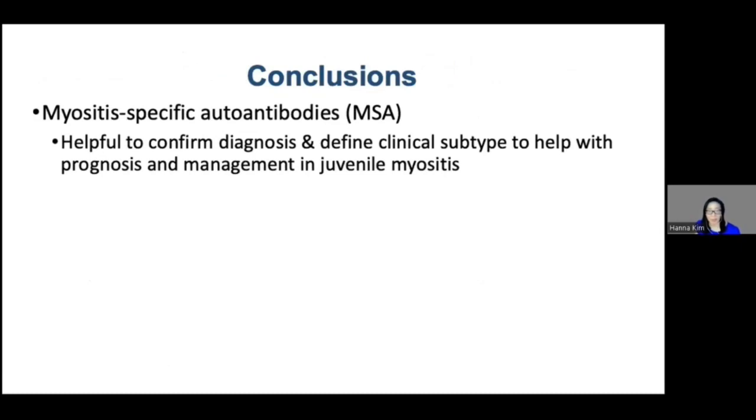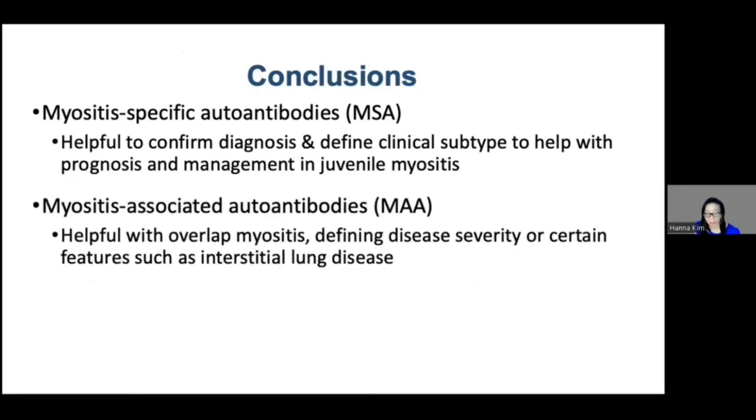So in conclusion, myositis-specific autoantibodies are very helpful to help not only confirm diagnosis, but define clinical subtypes within juvenile myositis, and they can tell you more about what to expect with juvenile myositis, the disease course, and how to help manage the disease optimally. Myositis-associated autoantibodies also can be helpful, particularly with overlap myositis, and may help define disease severity or some associated features such as interstitial lung disease.